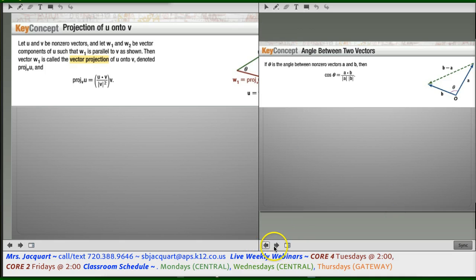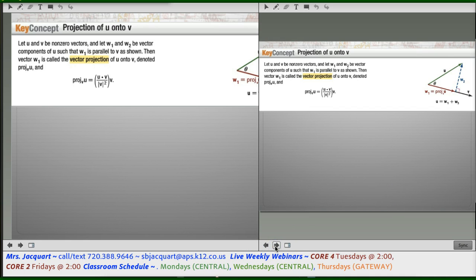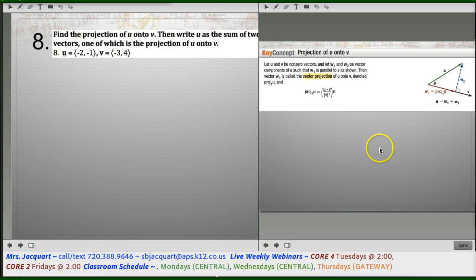Okay, so these are going to be our notes for our projection. If you need them, pause, take notes. Otherwise, we're just going to cruise. Okay, so the first thing with projection, let's remind ourselves, we want to find W1.